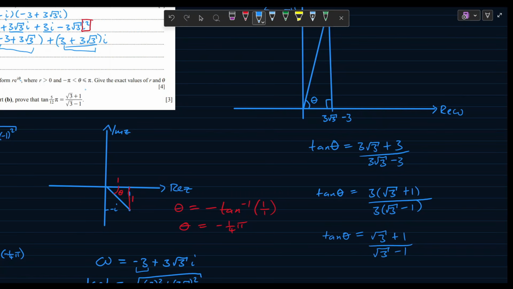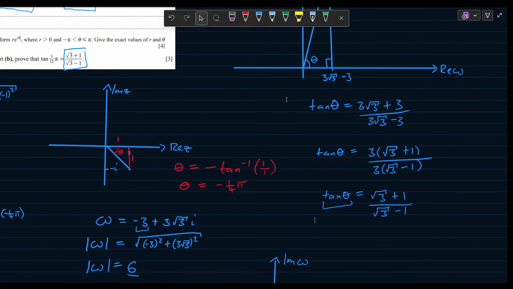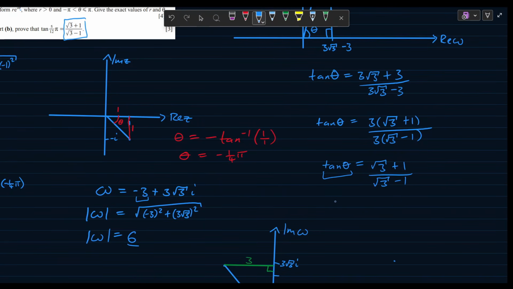Notice how we now have the right hand side of what we're trying to prove. Now we just need to prove that tan theta is the same as tan 5 over 12 pi. So we know that theta is the argument of z omega. So this is tan arg z omega, and this should be equal to root 3 plus 1 over root 3 minus 1. So what we need to find is the argument of z omega.